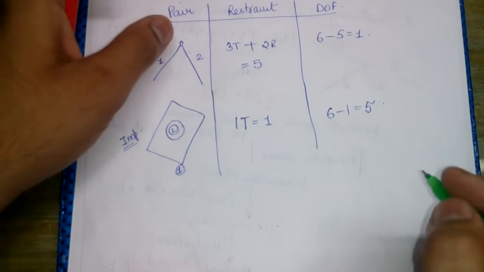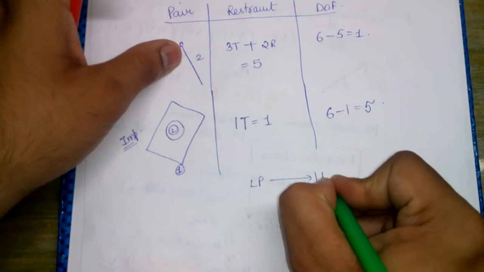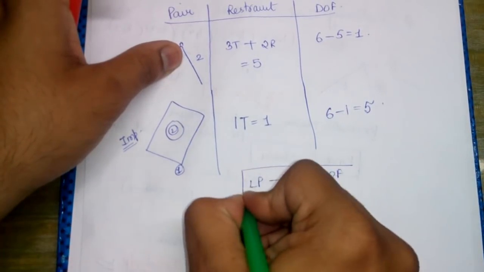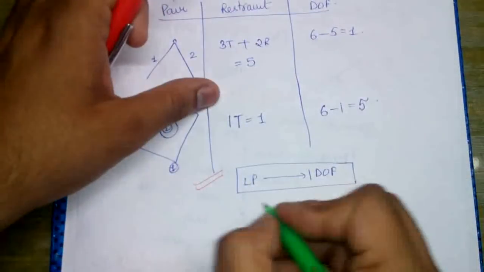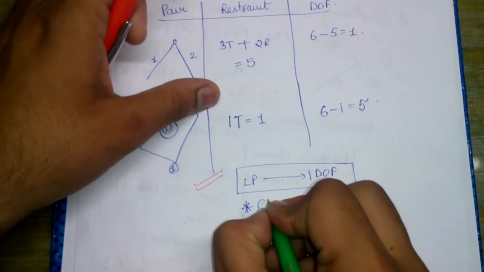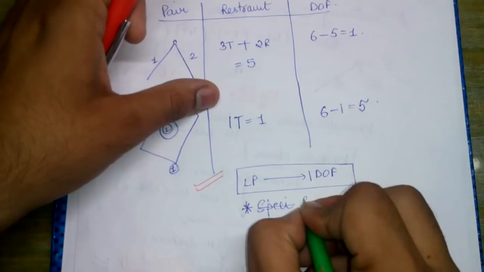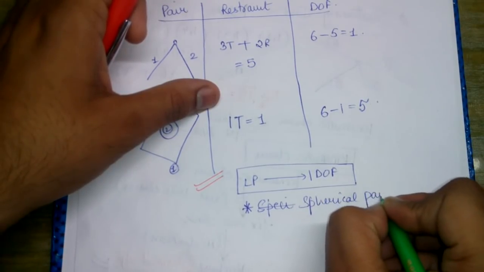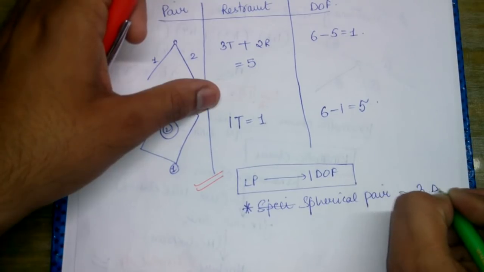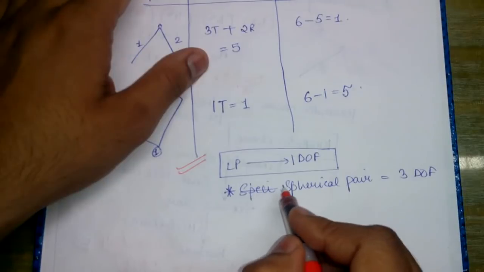Lower pairs generally have 1 degree of freedom, but there is an exception: the spherical pair actually has 3 degrees of freedom. We have to remember this exception also.